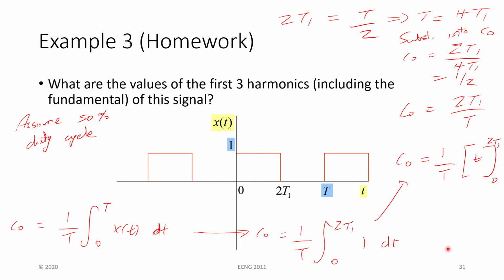So the homework basically is just to use the CK equation that we had from before and resolve that back to our sine of the bracket value divided by k pi. Then just substitute in the same 50% duty cycle that we saw to get rid of that t1 component in the brackets.